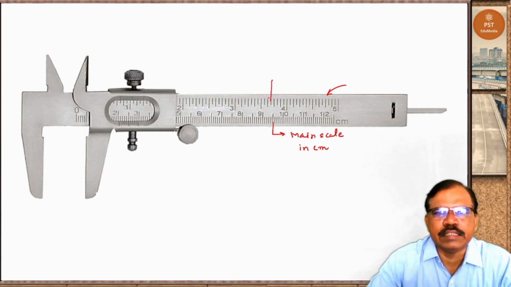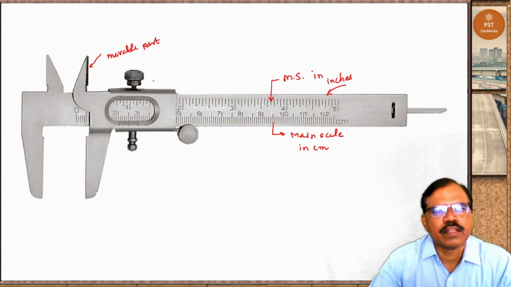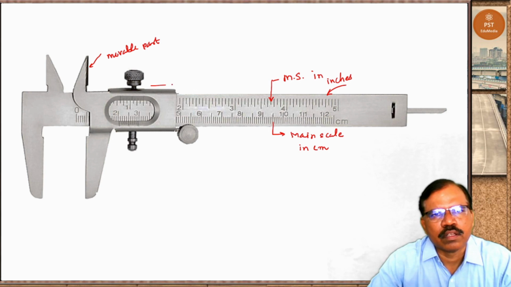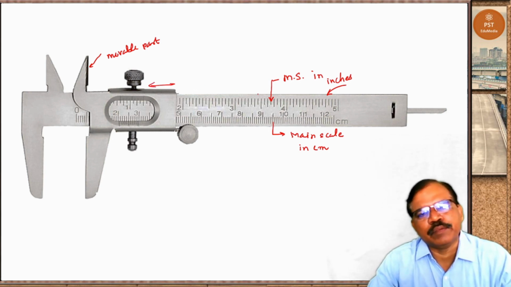Now this is the main scale in inches. Now this part is the movable part. It can move on the main scale.